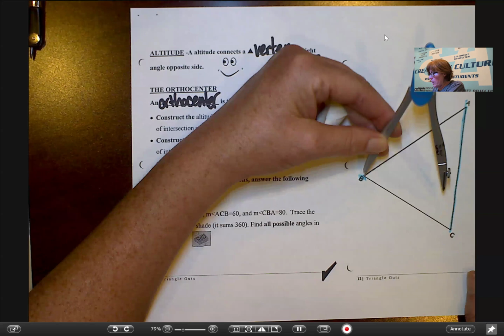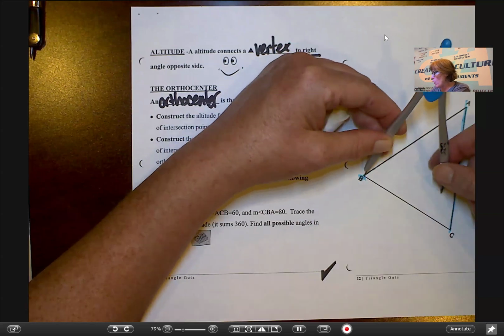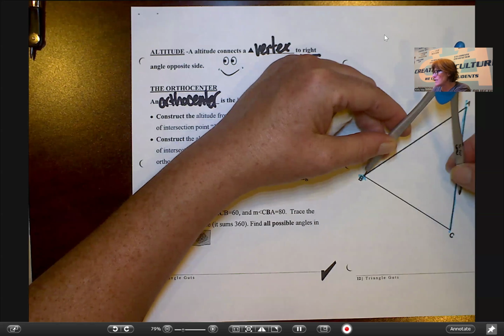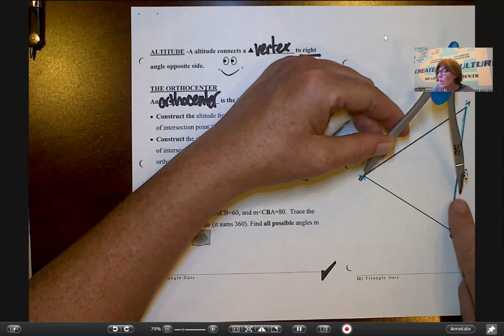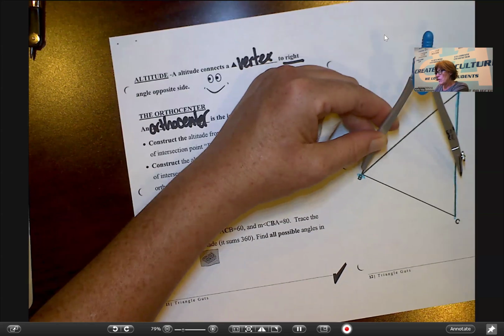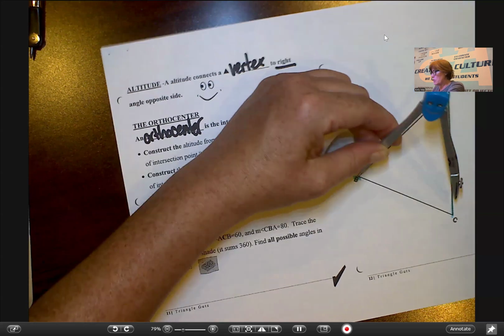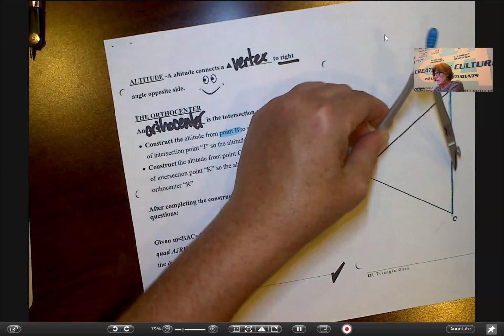So step one is to plant your pivot at B and open up your compass so it's just slightly past, and I mean slightly past, the opposite segment. Watch. And then you're going to sweep a smiley.